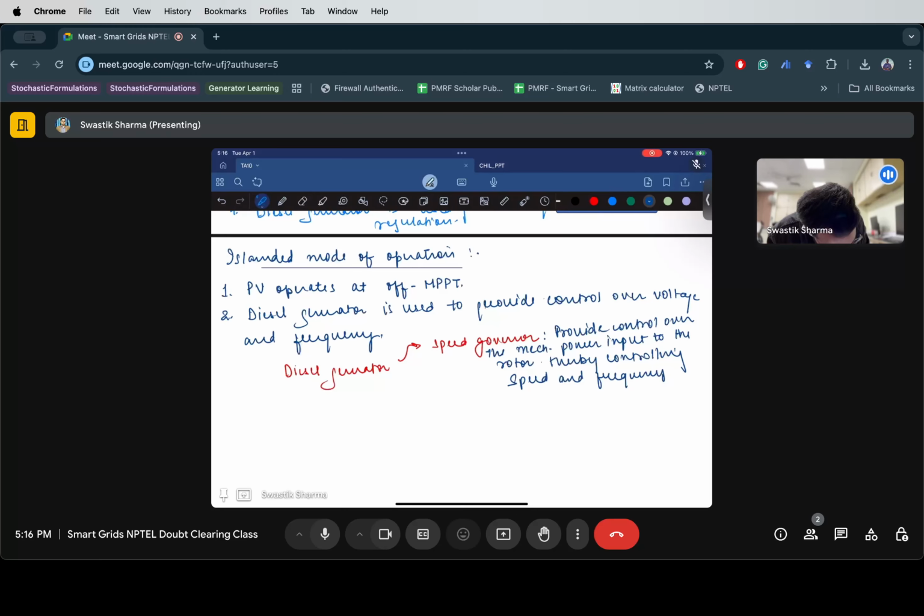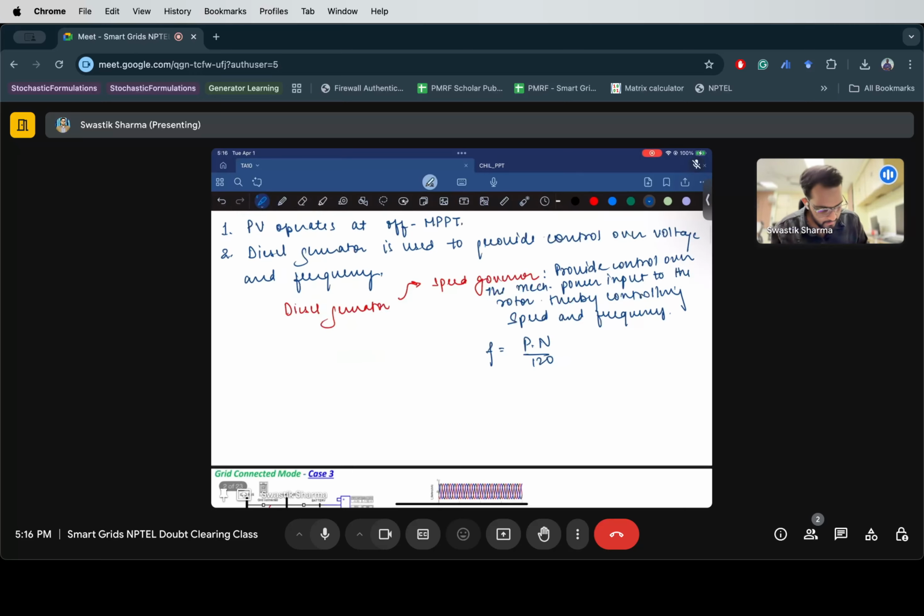And what's the formula for that? F is equal to Pn by 120, right? Where P is the number of poles and n is the speed in RPM, right?